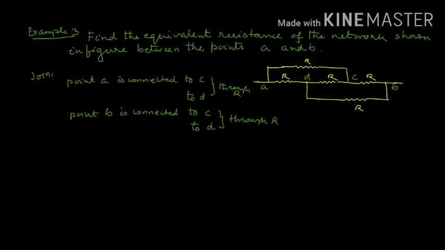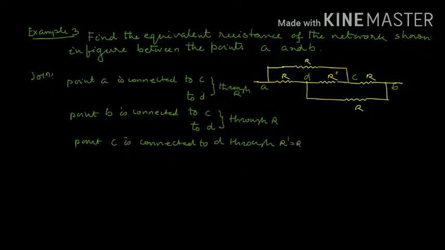Suppose this resistor is R dash, with R equal to R dash. Point C is connected to D through R dash, equal to R.